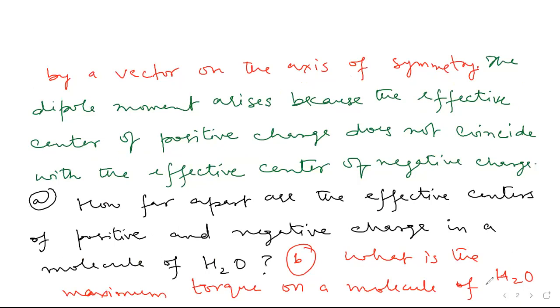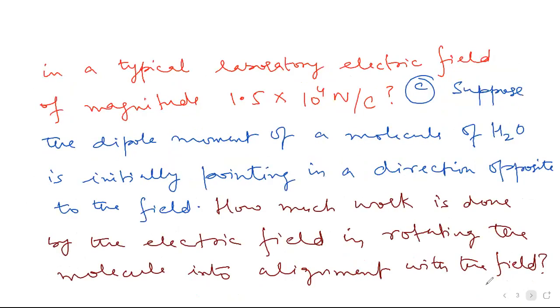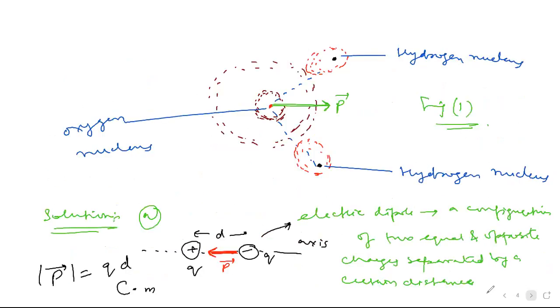Then we are asked to find the maximum torque on the dipole in the given field. And then we are given the initial orientation of the dipole in the field, which is P is oppositely directed to the field, and we are asked to find work done by the field in rotating the dipole into alignment with the field.